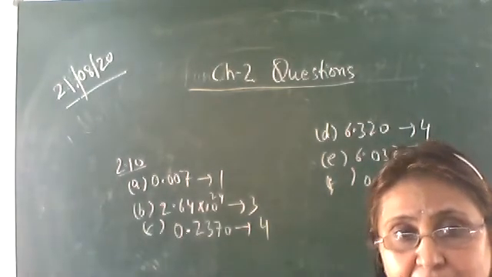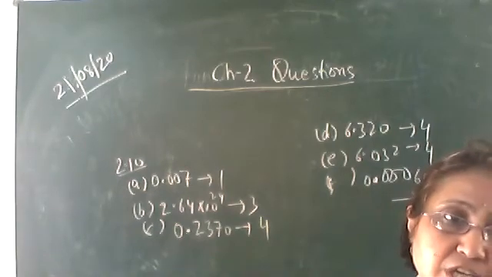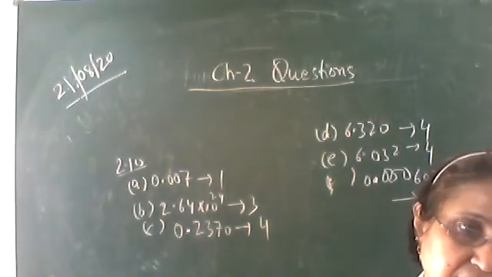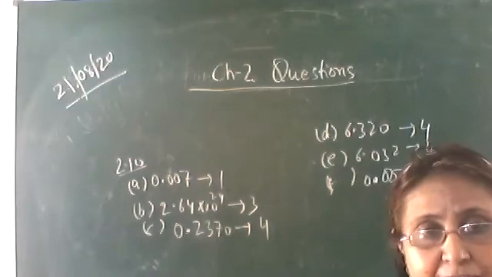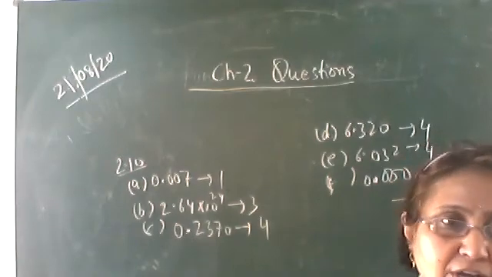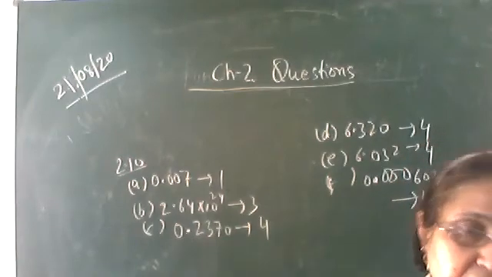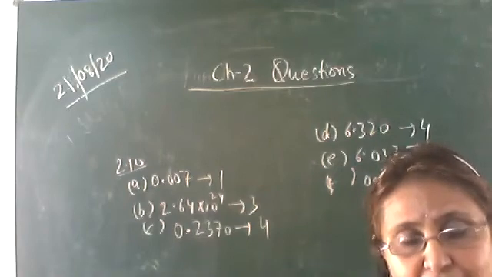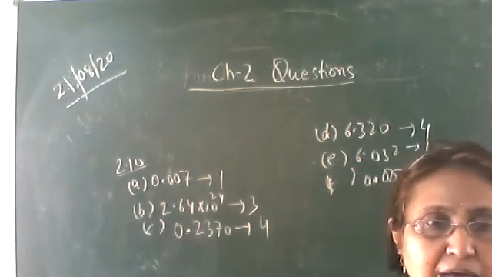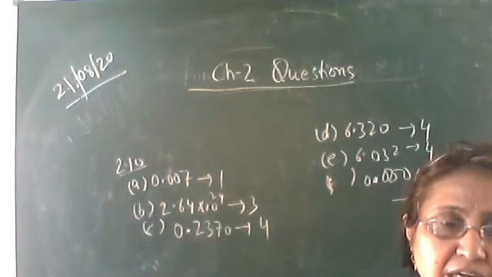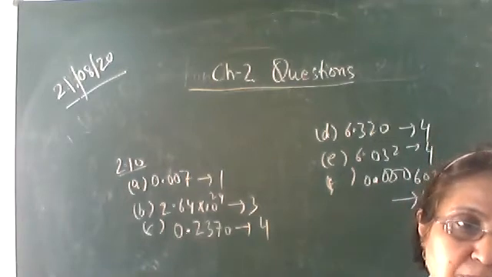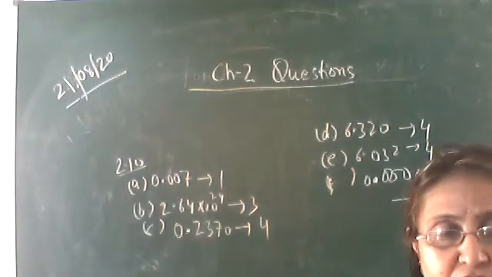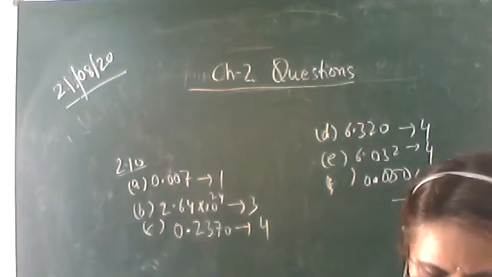But then that area has to be expressed in proper significant figures. As we are multiplying, we'll count the number of significant figures in the length and in the breadth, and the one which has the least number of significant figures decides the result. The result should be written only in that minimum number of significant figures.